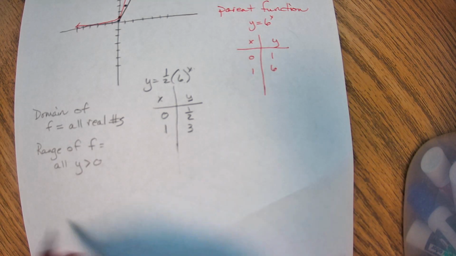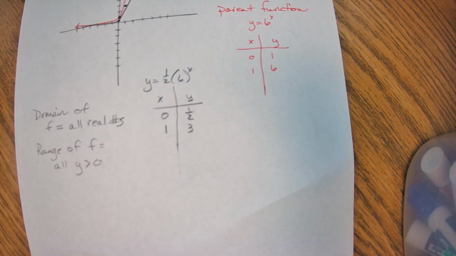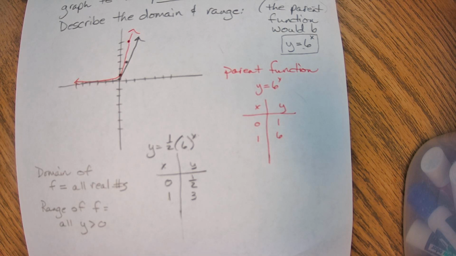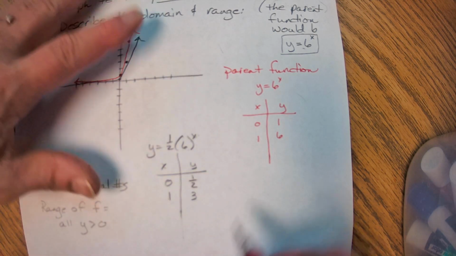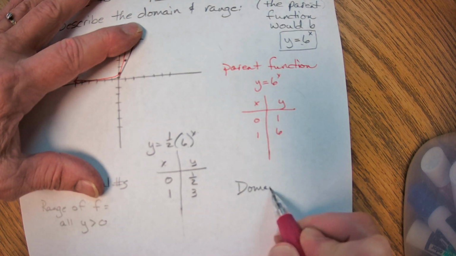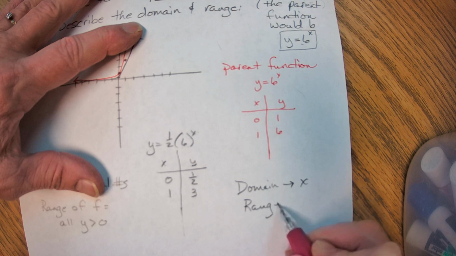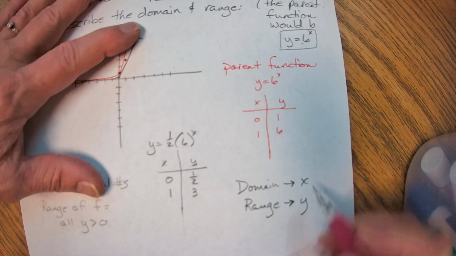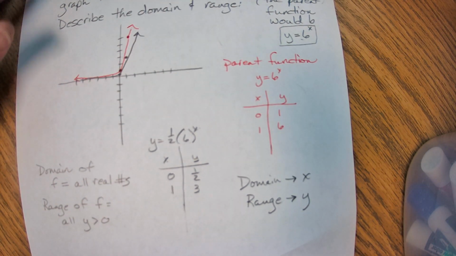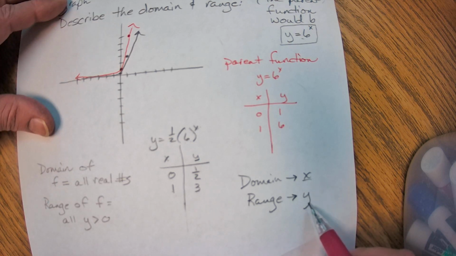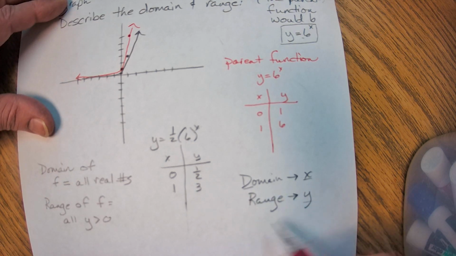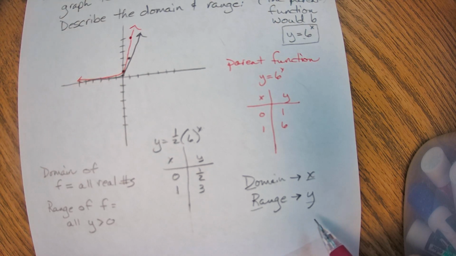Then it's going to ask you to describe the domain and range of this function. Remember that the domain is everything x can be, and the range refers to the outputs. In other words, what can y be? Here's how you're going to remember this: x comes before y in the alphabet, and domain comes before range in the alphabet.